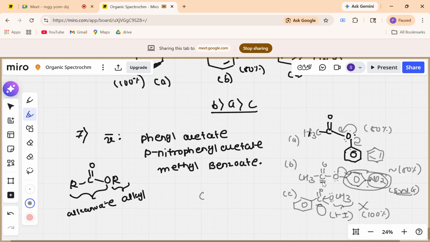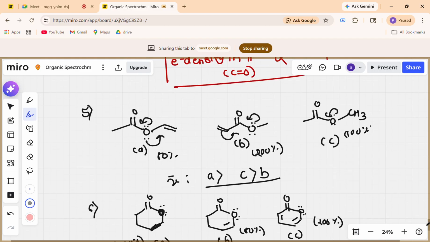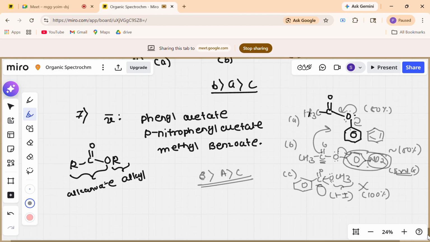And here this OCH3 is giving the plus I effect, right? And the CH3 group is also giving the plus I effect. So again here the electron density in pi star will be 100%. And here the electron withdrawing group is present, so we can consider 50% sharing happening. But because of the electron withdrawing nature, this carbon is more electrophilic compared to the first one. So the stretching frequency of B will be greater than A greater than C.